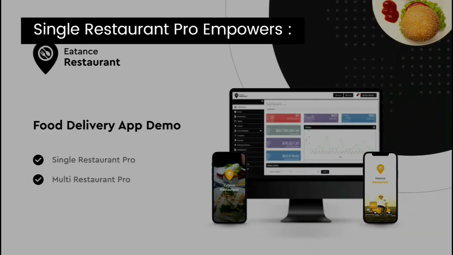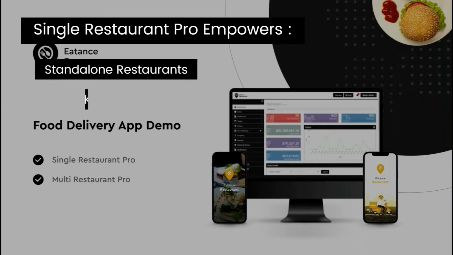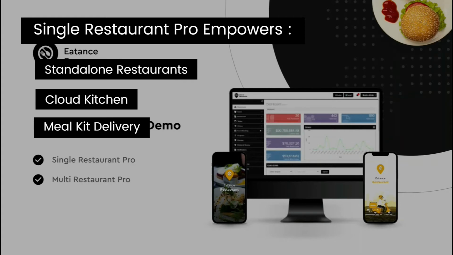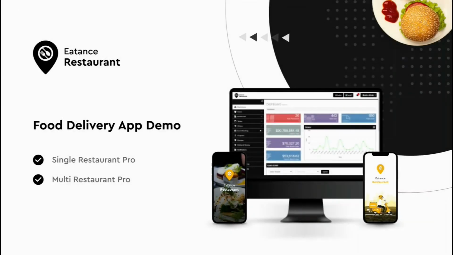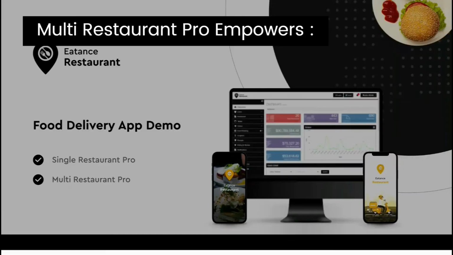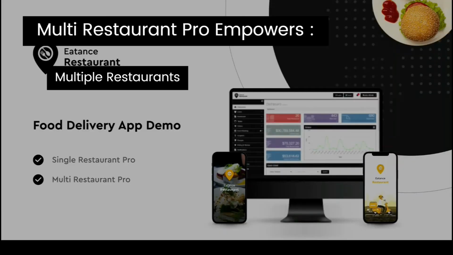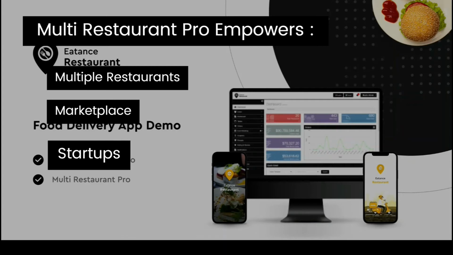Single restaurant application is created to empower standalone restaurants, cloud kitchen, meal kit delivery, food trucks, etc. The unique self-ordering feature adds to brand value, giving it a digital touch and makes the operation more efficient. Multi-Restaurant Pro focuses on multiple restaurants, marketplace and startups who wish to add multiple restaurants offering.